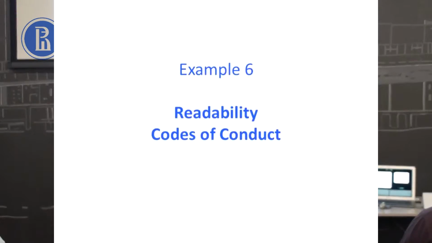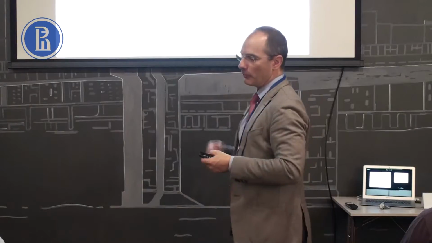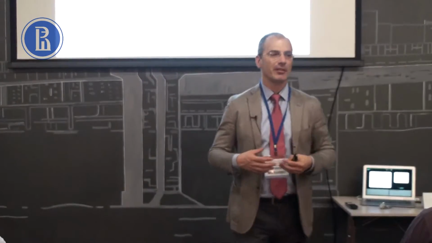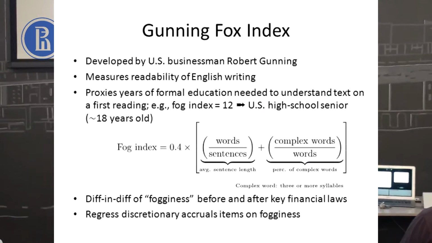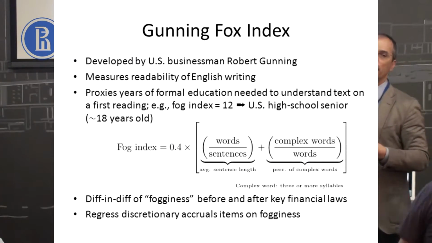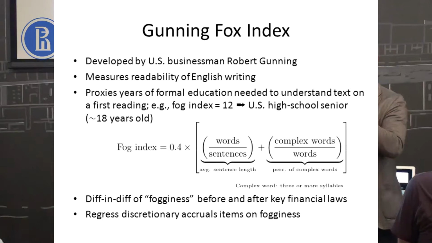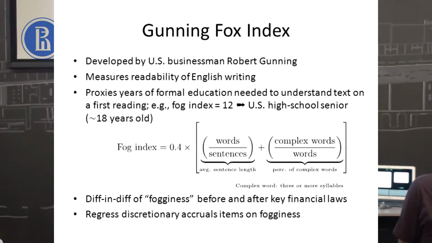Another example, and this is one of my favorite, readability. How difficult is a text to read? So for the codes of conduct, we're also running an index that is called the Gunning Fog index. And Gunning not because of a gun, it's because of the guy that invented it. And the simple formula is how many words are in a sentence.